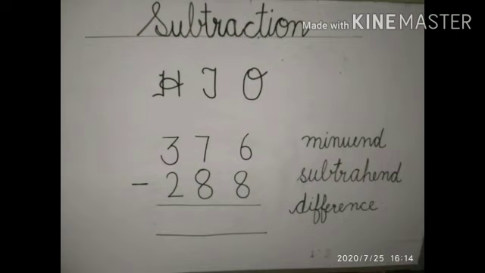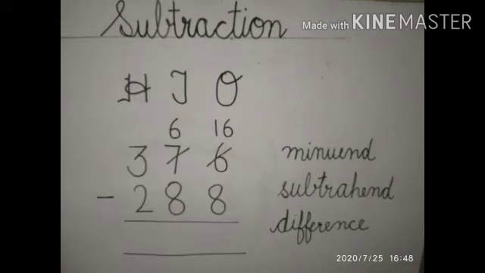So we cannot subtract a larger number from a smaller number. So we will borrow from 7. Here the 6 will borrow from its neighbor 7. 6 will become 16 and 7 will become 6.